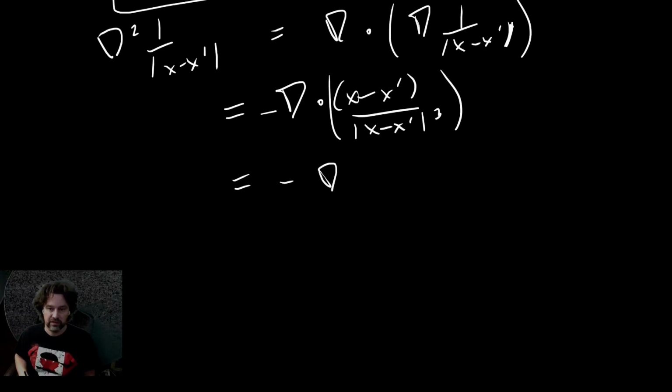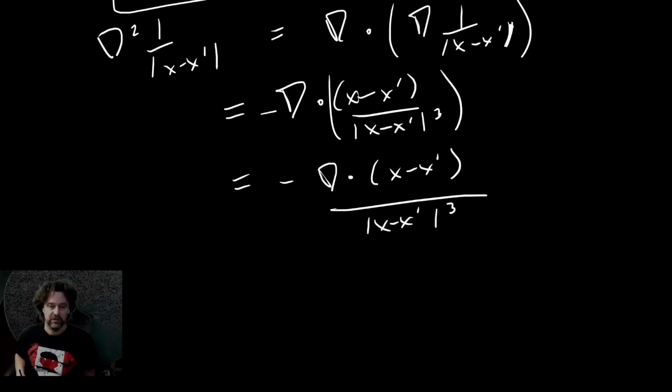So we have grad dot (x minus x prime) all over the magnitude of x minus x prime cubed, minus (x minus x prime) dotted with grad of 1 over the magnitude of x minus x prime cubed.